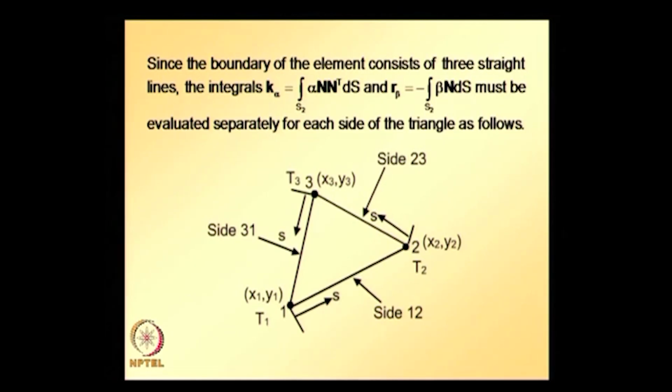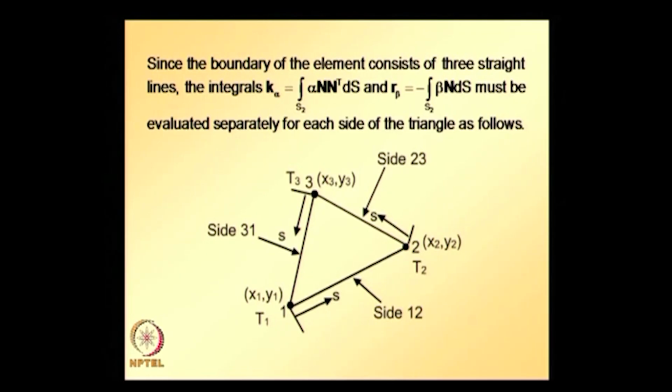Similarly, for side 2 3 a local coordinate system is defined, and for side 3 1 a local coordinate system is defined. So, now we need to evaluate these integrals for each of these sides taken separately. The details for one of these sides will be illustrated here.